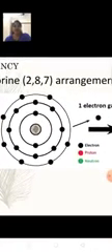Let's take one more example, chlorine. Now in chlorine, the electrons are arranged as 2, 8, 7. You can see that the innermost shell contains 2 electrons, the next shell contains 8 electrons and the outermost shell contains 7 electrons. So if it gets one more electron, it will achieve the octet state.